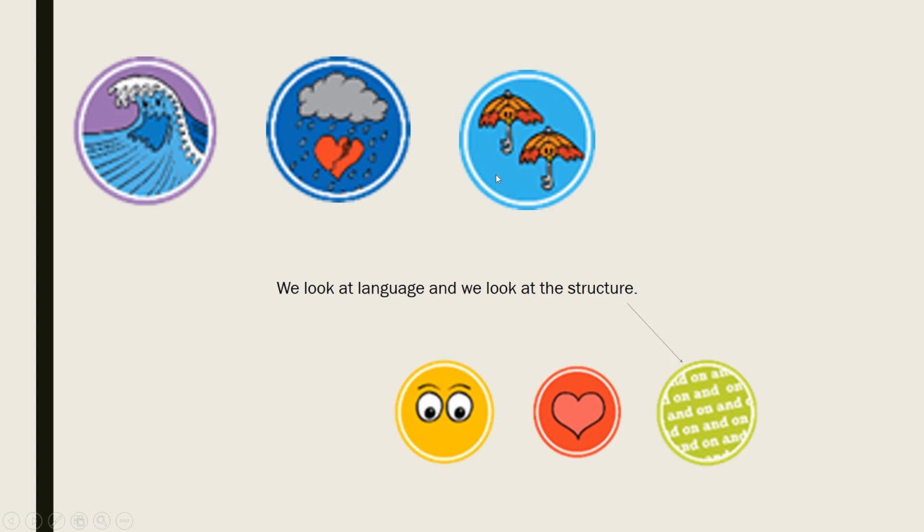I'm going to introduce you to these 3 new icons at the top, although the ideas are the same. Some of you may have already noticed that this here is a picture of a sea. It's a wave and it's got a face in it, and that's personification. Personification is when you are giving inanimate objects human-like qualities. So here we have the sea with a face.